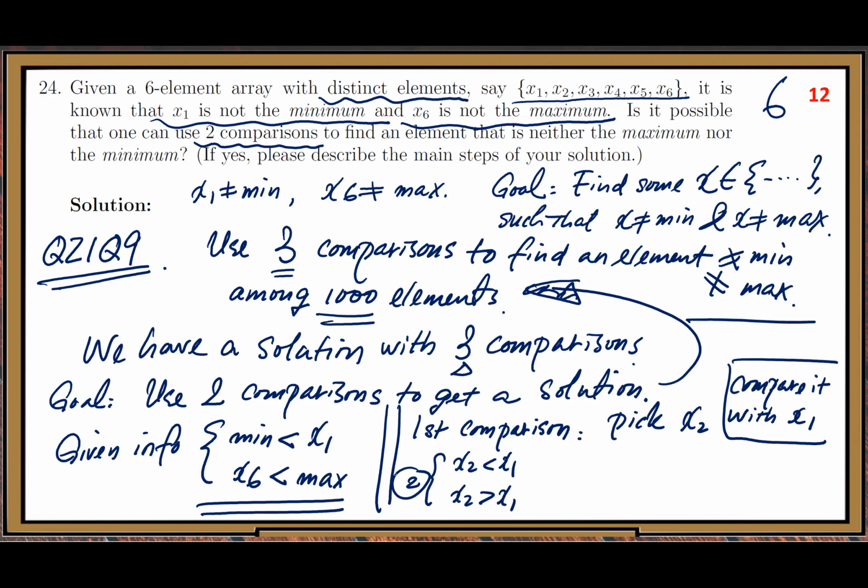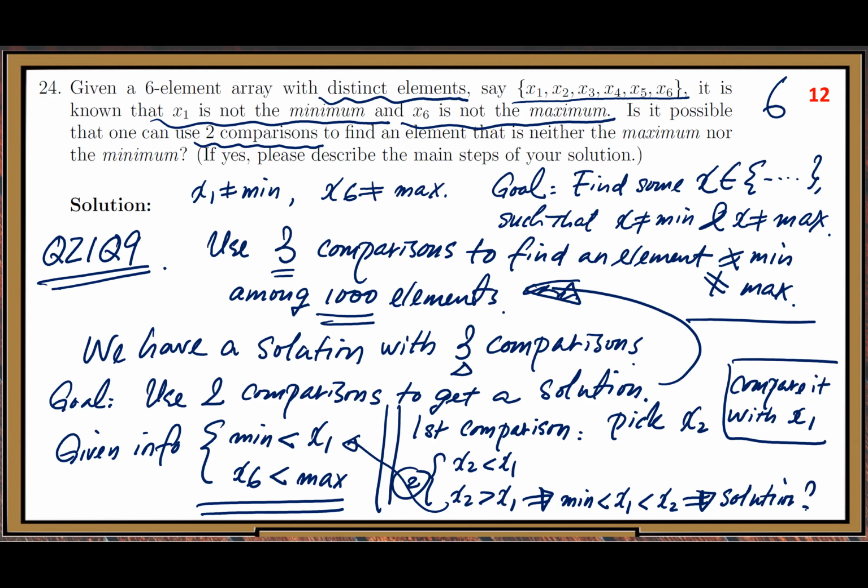Which one is easier for us to get a solution? Look at that: if x2 is greater than x1, combining with the minimum being less than x1, you also get x1 less than x2. Can you get a solution after that?